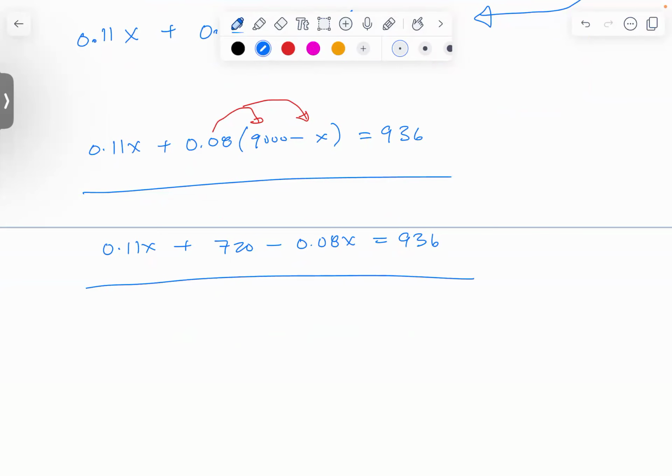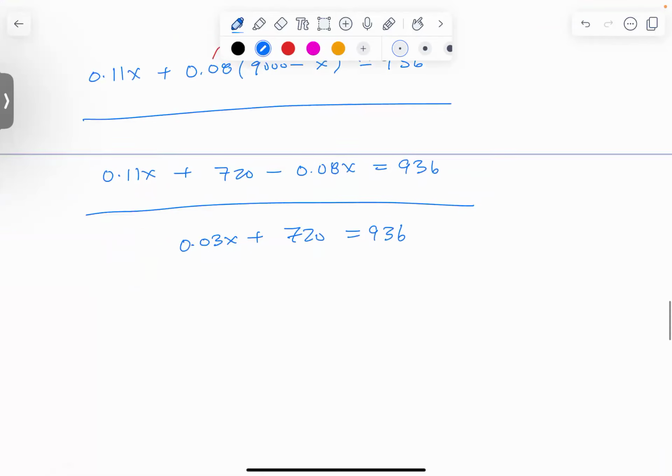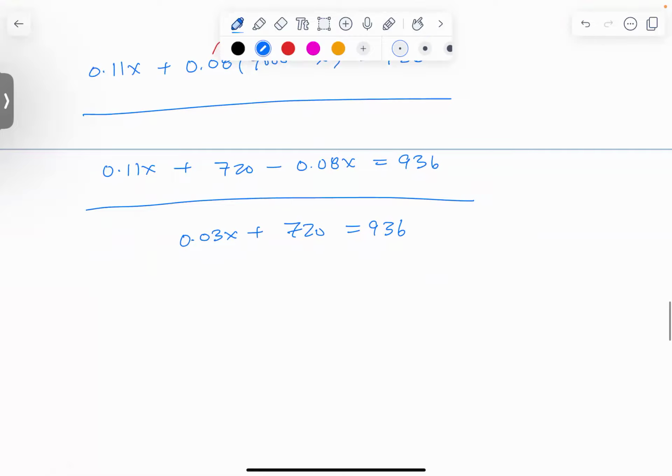And then combine like terms. So 0.11x minus 0.08x, 0.03x plus 720 equals 936. And then all those years of algebra, this is two-step algebra, minus 720 from both sides.